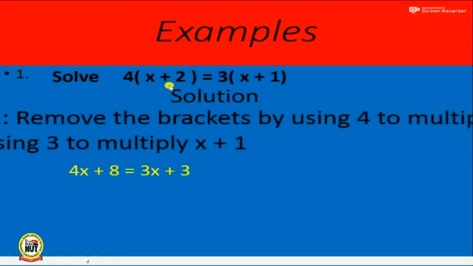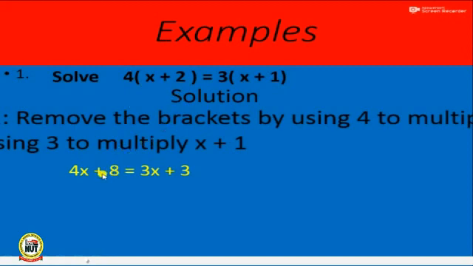Recall, in our last lesson we talked about some properties in algebra: plus times plus gives plus, plus times minus gives minus, minus times plus gives minus, and minus times minus gives what? Plus. So 4 times plus x gives us 4x. Also 4 times plus 2 gives us plus 8.